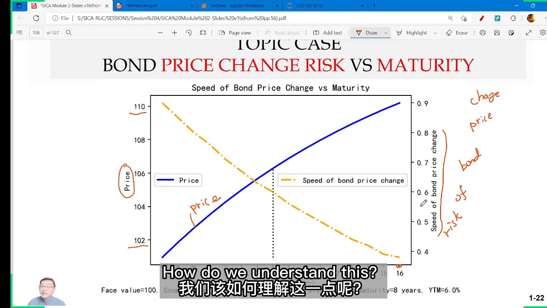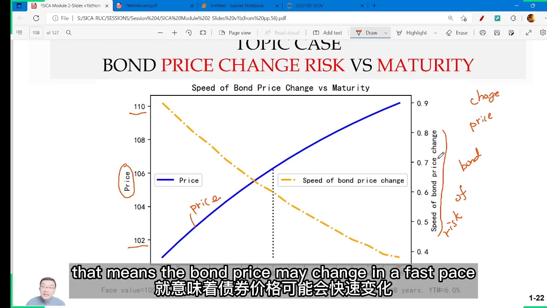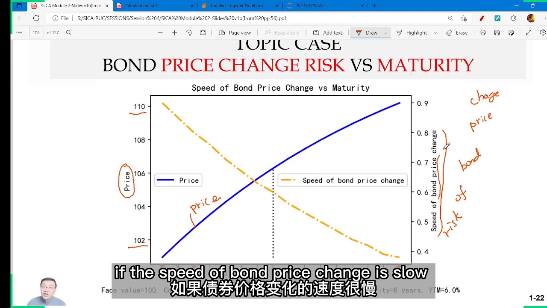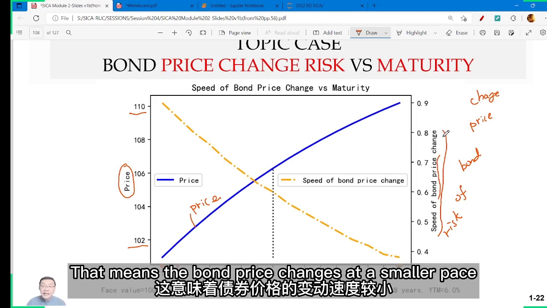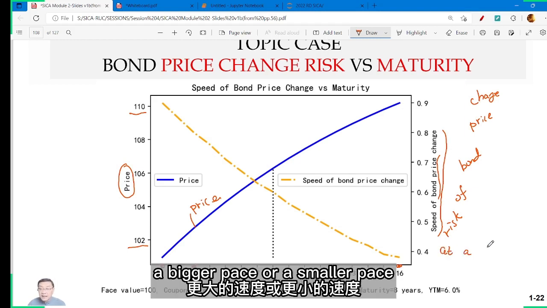How do we understand this? This means if the speed of bond price changes is fast, that means the bond price may change at a faster pace. If the speed of bond price change is small, that means the bond price changes at a smaller pace.